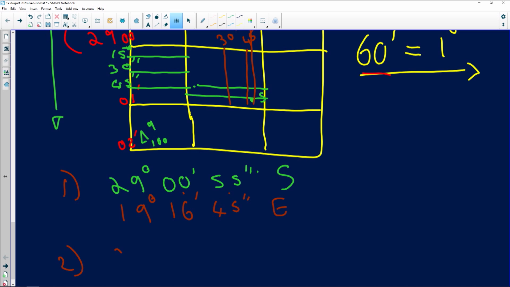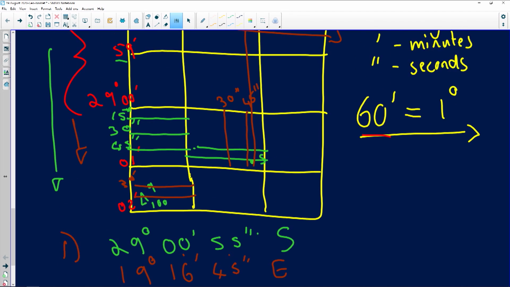So we can start writing 29 degrees, 1 minute. Okay, once again, we divide our group in half. We get 30 seconds. Divide it up, the last quarter, roughly 45 seconds. And which direction did we move? We moved down south.